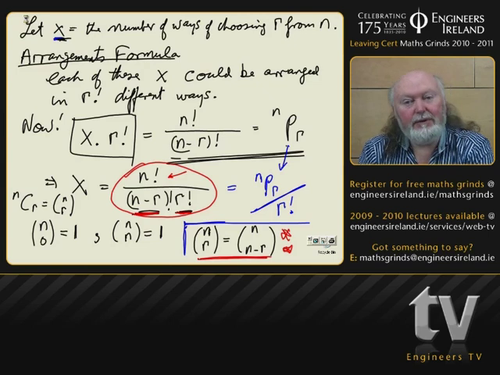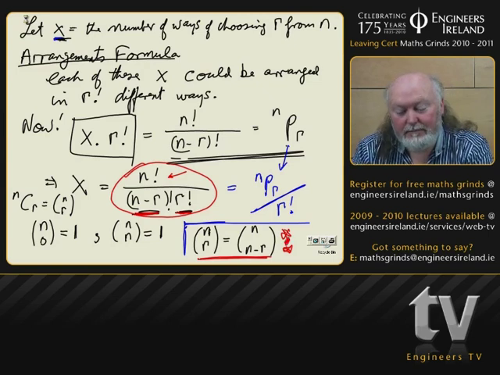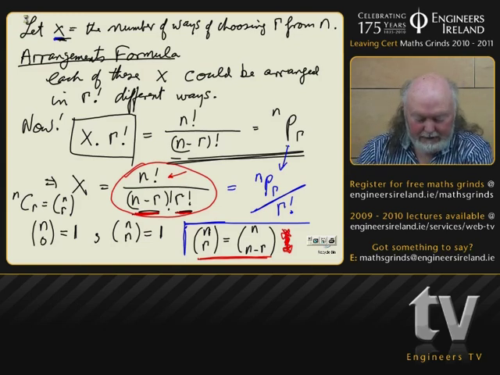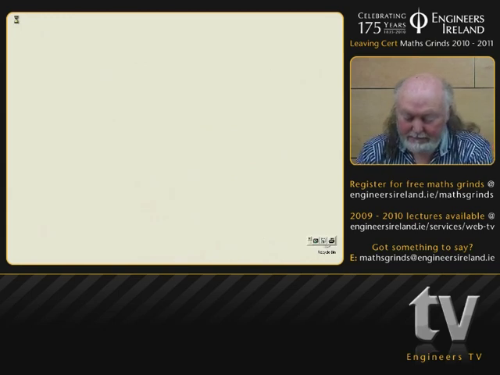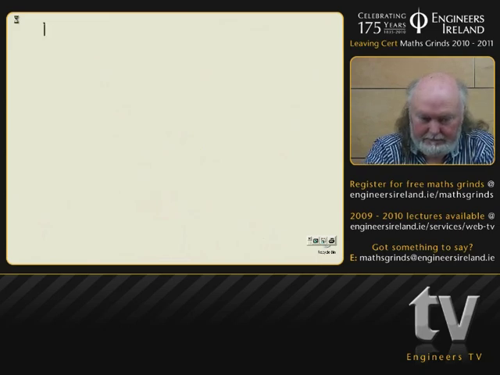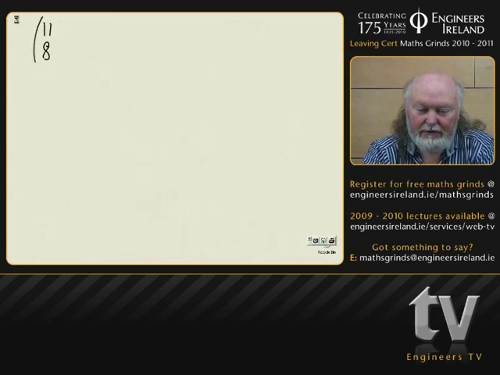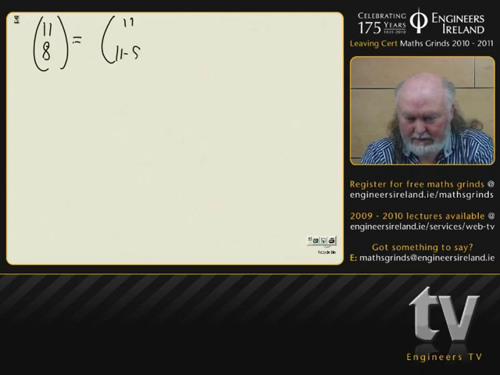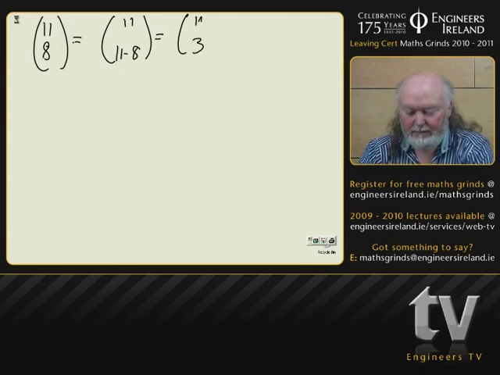But it's important to remember this one, because if you remember this, down here, you cut back on the amount of work that you need to do. And I've always found that a very strong motivator. For example, choosing 8 from 11 gives me the exact same answer as choosing the 3 from 11.